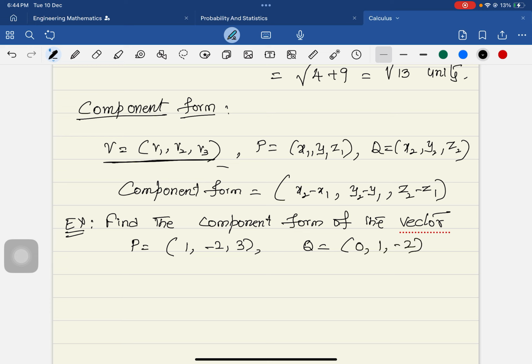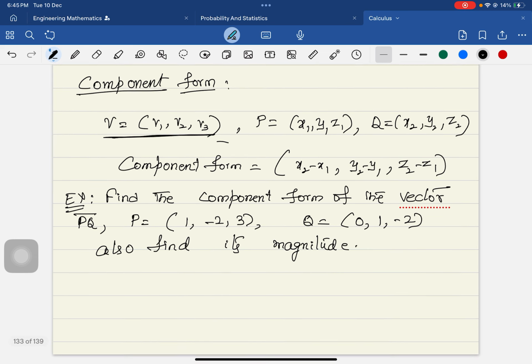Now what is the component form of the vector PQ, where P is this and Q is this? Also find its magnitude. So this is what you are going to find out.